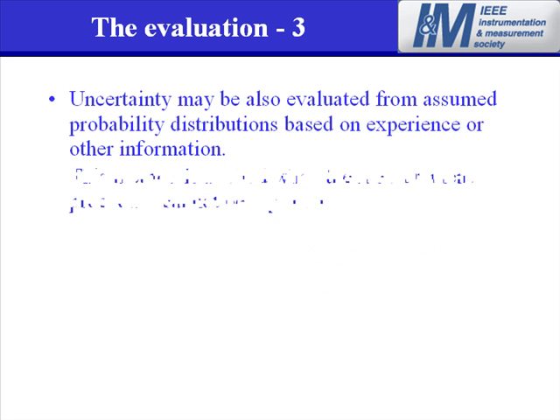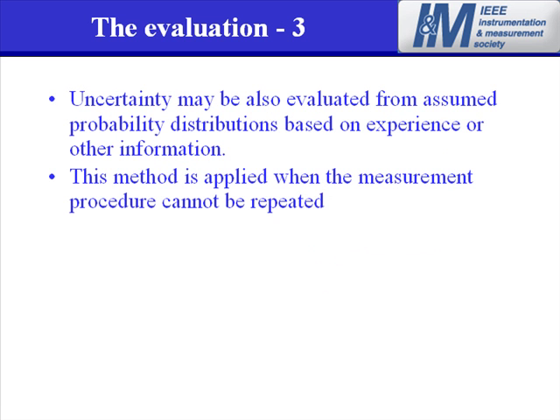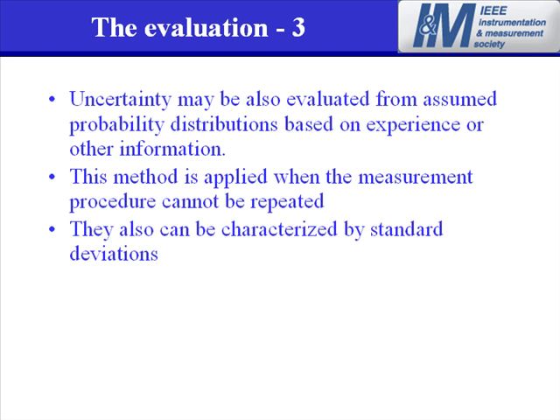On the other hand, if this is not possible, uncertainty may be evaluated from assumed probability distributions, where the considered assumptions are based on experience or other available information. Also in this case, uncertainty can be characterized by a standard deviation.